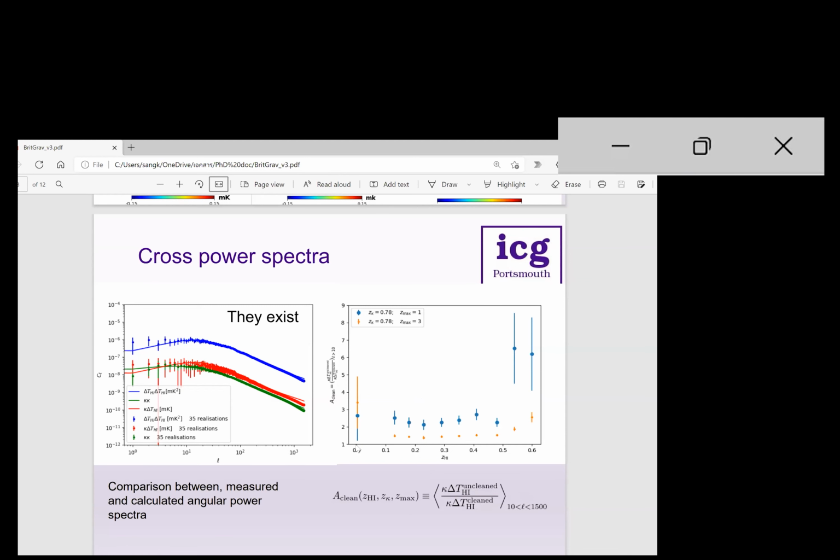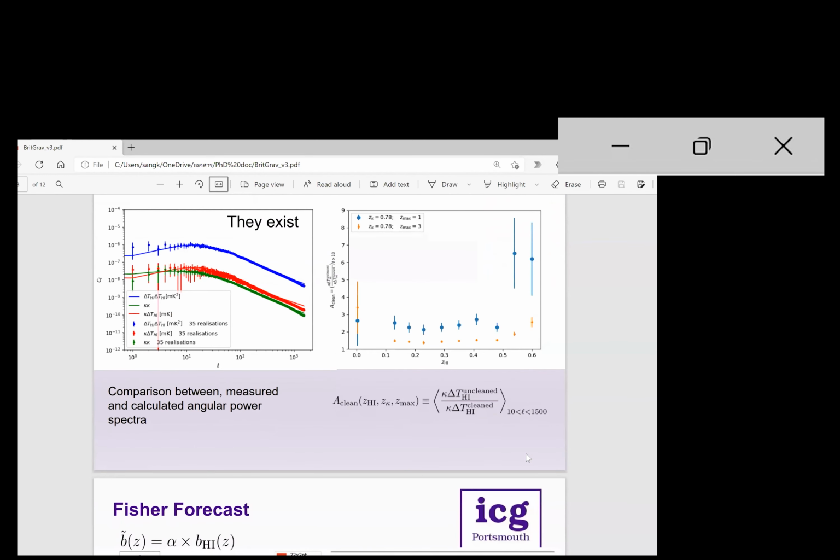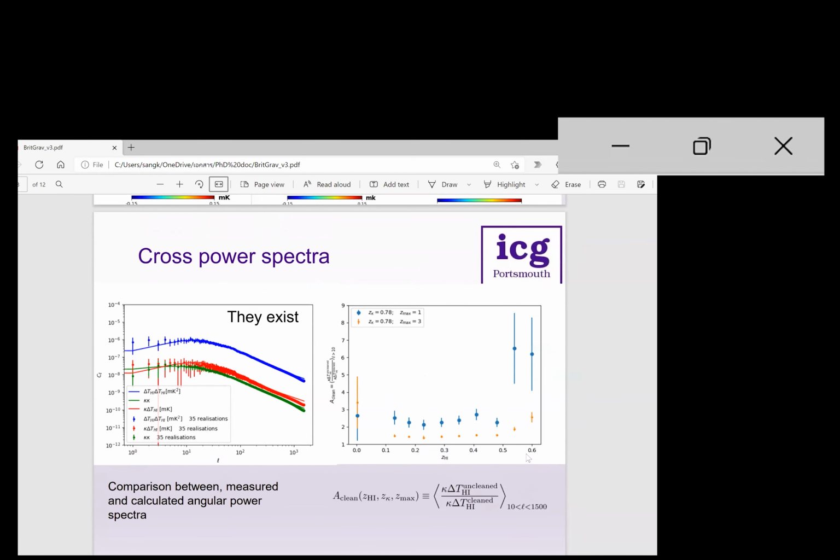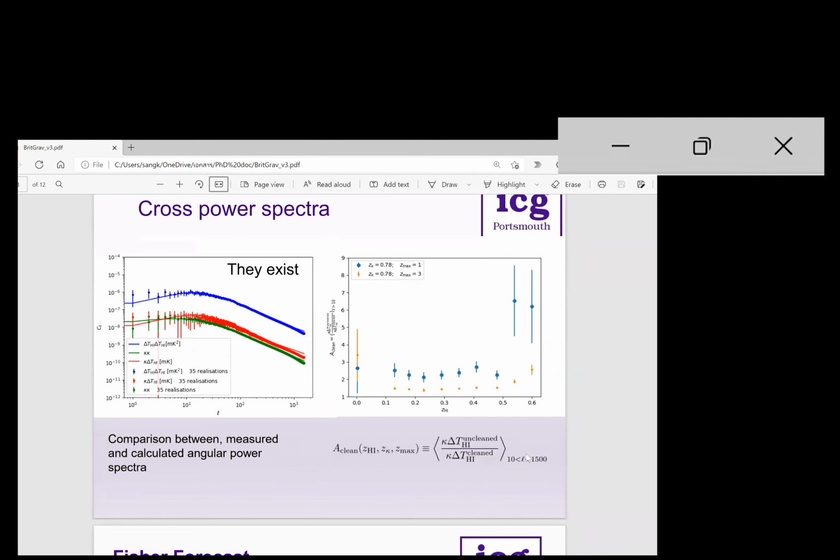You can see that it reduces the signal by a flat ratio across the L modes, which is pretty cool because we can confirm that we can observe the correlation between lensing and neutral hydrogen, even though we remove the foreground by applying the long wavelength mode removal technique.